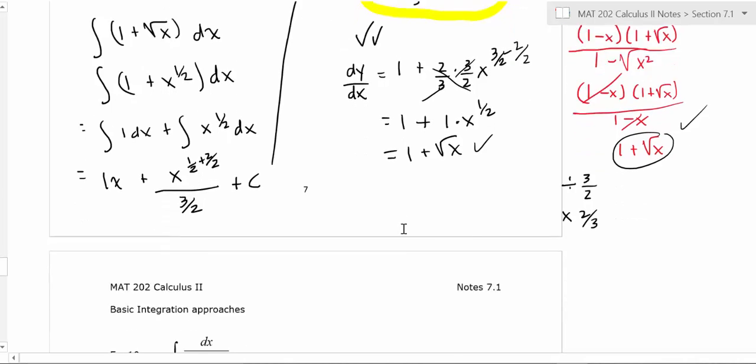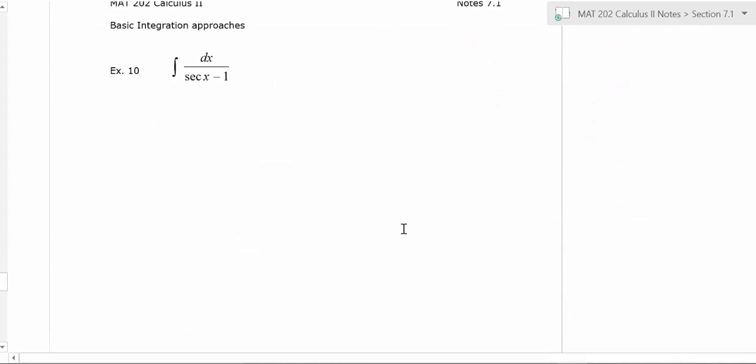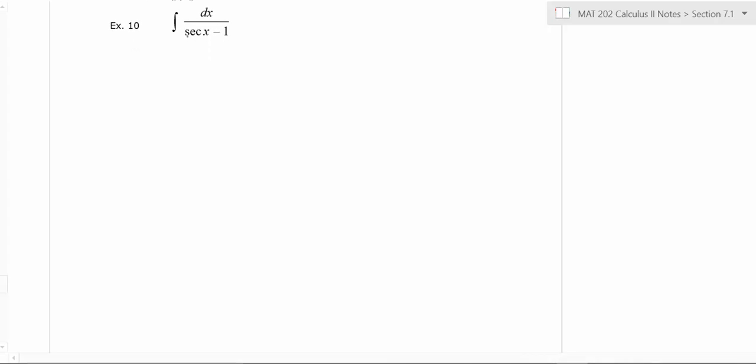Okay, now let's do this next one here. Again, with this one, you want to think about trying to multiply by a conjugate and just see what happens. I'm going to work over at the side here with some of the algebra, and write it down before we even get to doing the integral. So we're going to work with 1 over secant x minus 1.